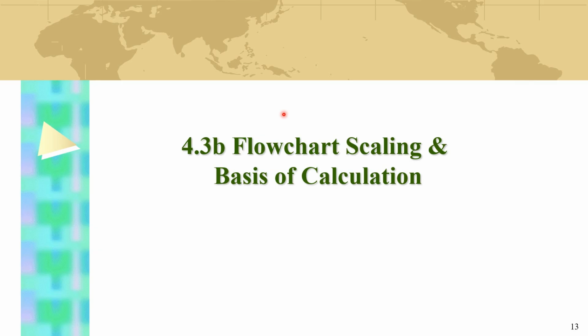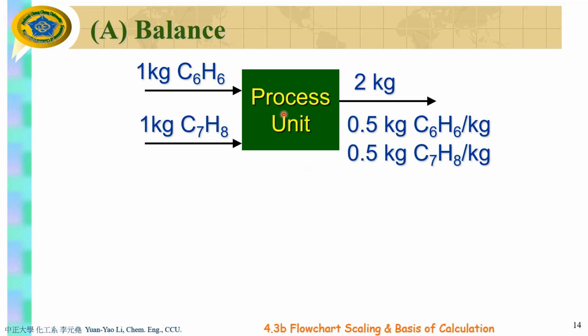So let's move to section 4.3b, flow chart scaling and the basis of the calculation. What is scaling? For example, you have 1 kilogram hexane and 1 kilogram toluene fed into this process.